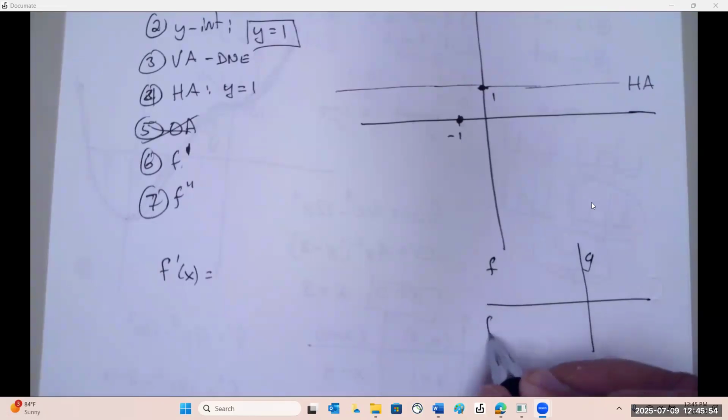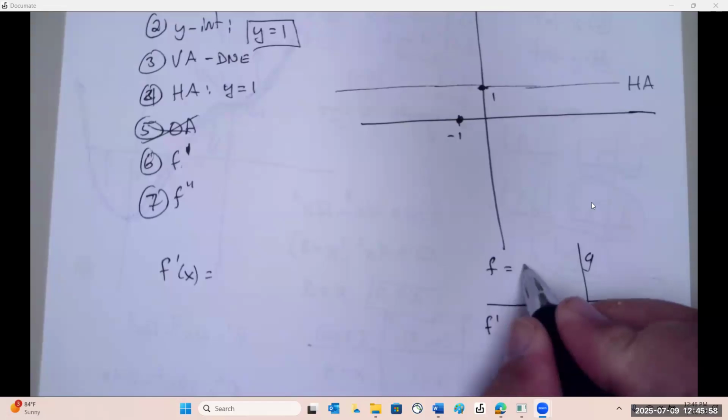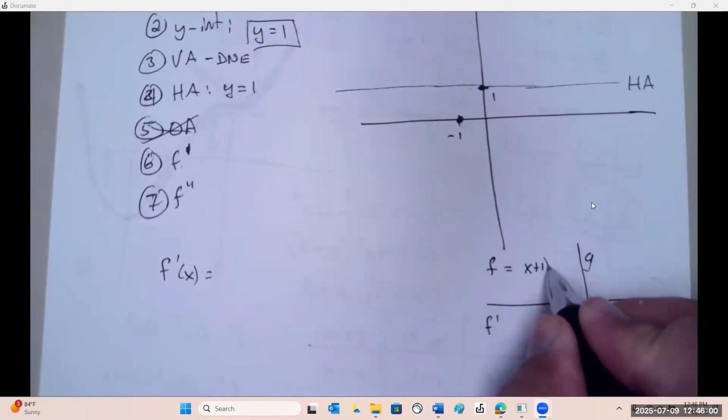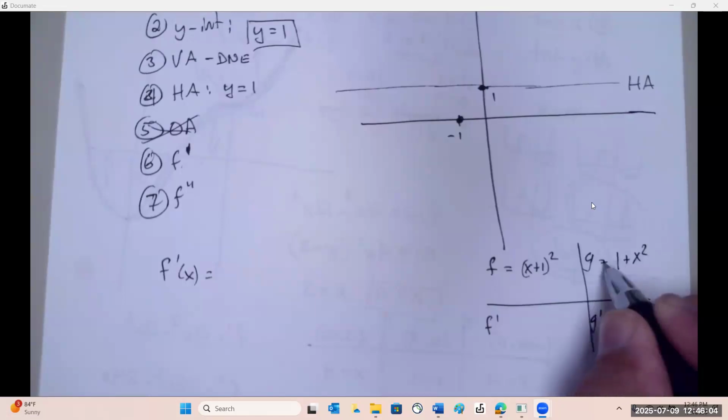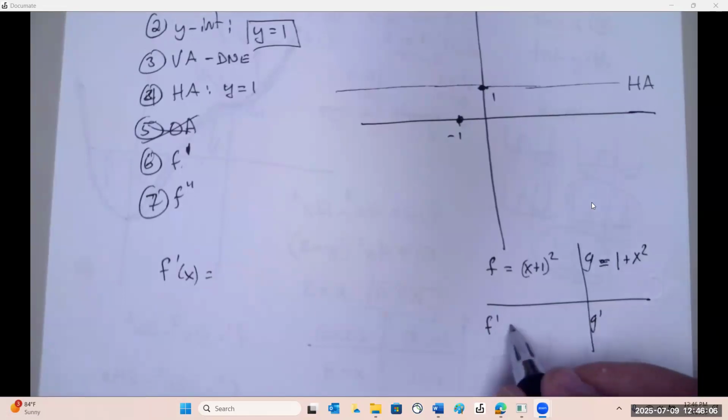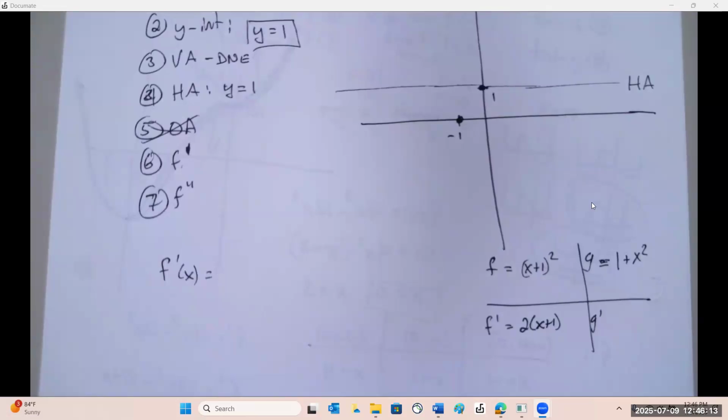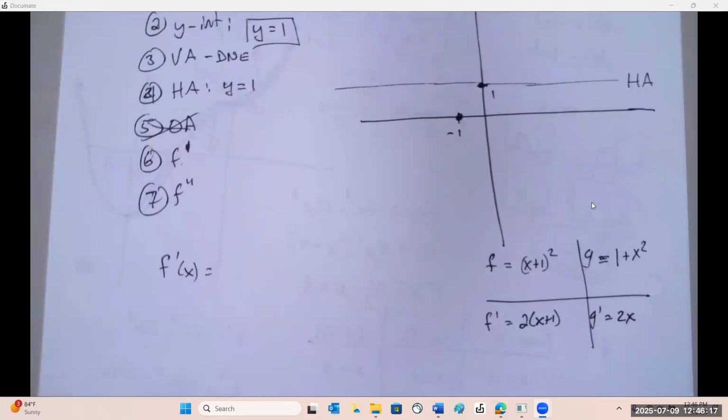F, G, F prime, G prime. So F is x plus 1 squared, G is 1 plus x squared. F prime is 2 times (x plus 1) times 1, which is 2x plus 2. G prime is 2x.